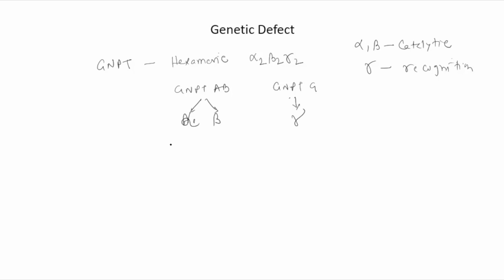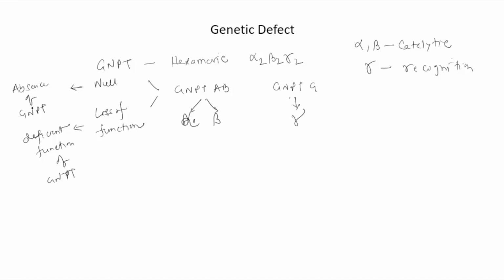Now mutations in GNPT AB can be of 2 types. One is null mutation and the second is a loss of function type of mutation. In null mutation, there is complete absence of GNPT, and in loss of function mutation, there is deficient function of GNPT.